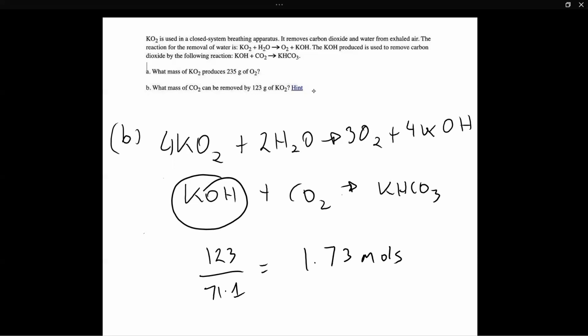So this means that 1.73 moles of KO2 will also produce 1.73 moles of KOH because they are in the 1-to-1 ratio. So if 1.73 moles are being produced, that means 1.73 moles of KOH can also remove 1.73 moles of CO2. Why? Because KOH and CO2 are also in the 1-to-1 ratio.